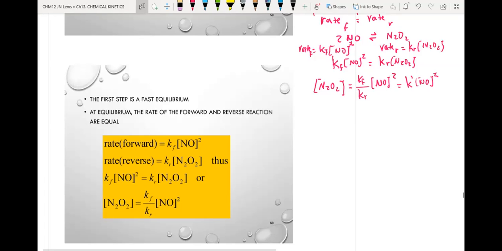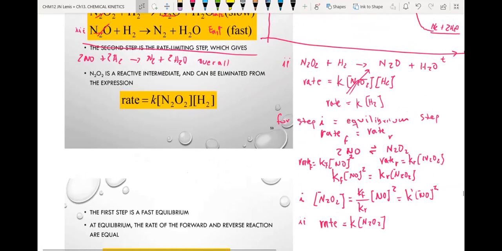Now we can plug this into the rate law for the second step. So this is from the first step, and now from the second step, which is the rate determining step. Do you remember what that was? The rate for the determining step was constant times concentration of N2O2 times concentration of H2, I believe.